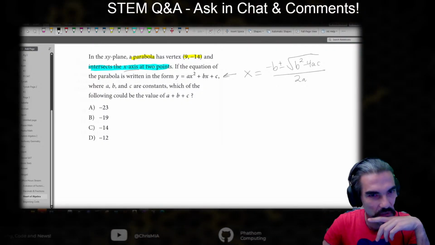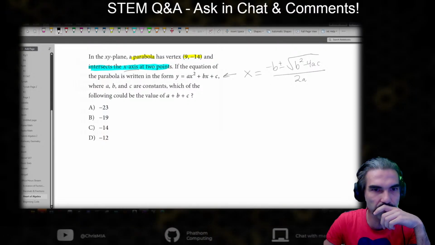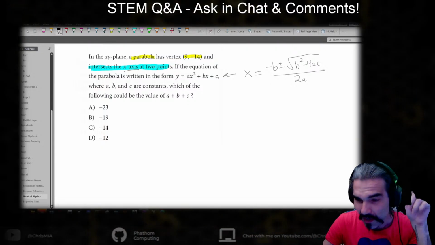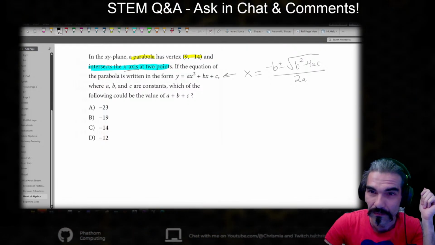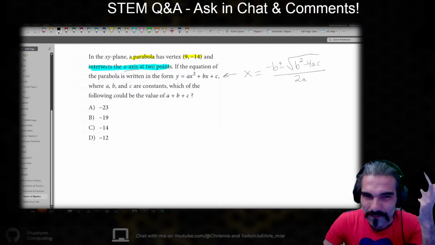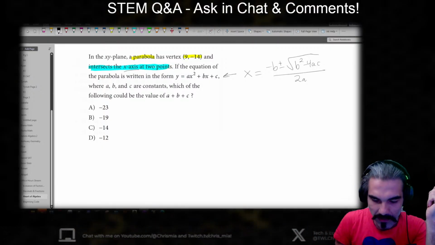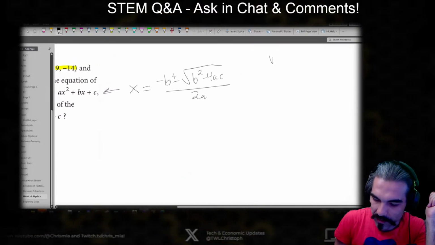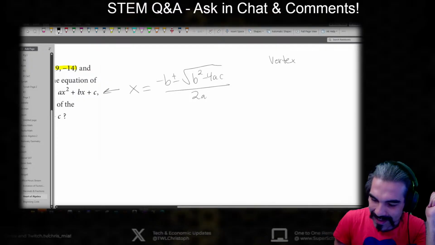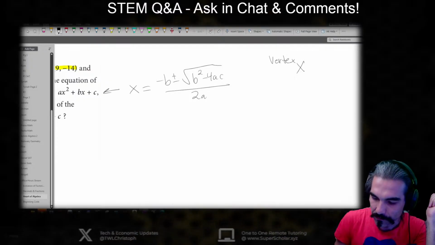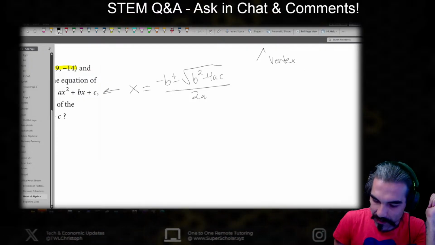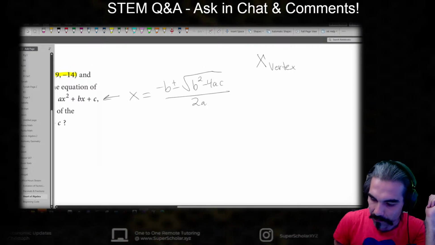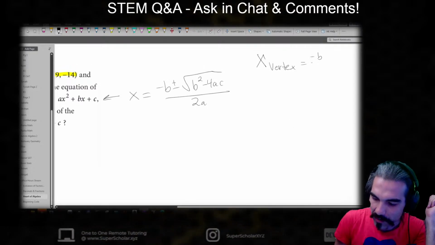But it's not the whole equation we're interested in. In fact, some parts we already have and already understand, though we haven't seen them in this form. If you remember, in vertex form, the x value of the vertex is equal to negative b over 2a.